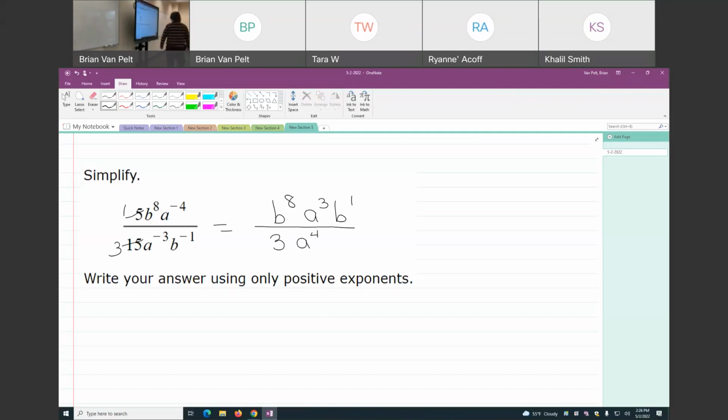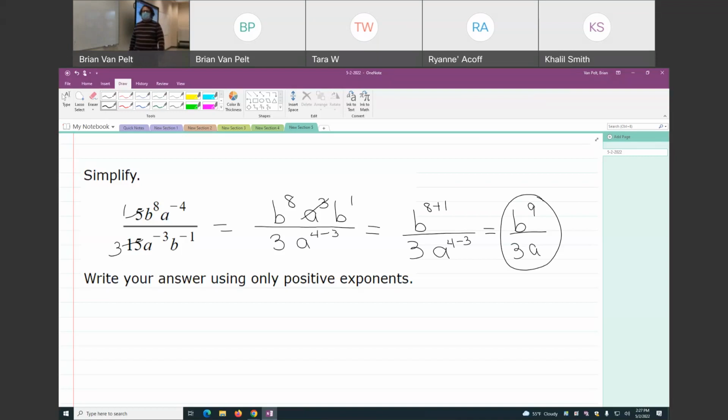And then when we do our simplifying, we have B to the A times B to the 1 is B to the A plus 1, which is B to the 9th. And in the denominator, I'm going to wipe this out and put a minus 3 up there. So B to the 9th over 3A to the first. And I'll just leave it as 3A. All right, let me give you one.